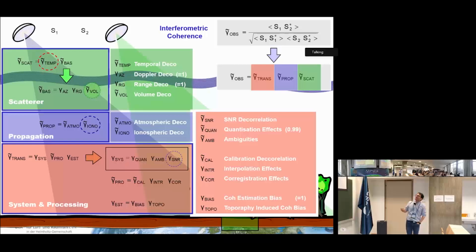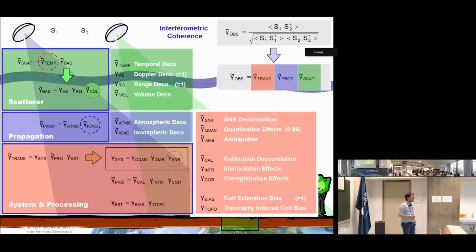But the message of this slide is that in principle, you like to arrive here at the gamma volume. And the gamma volume is hidden here. So before arriving to the green part, you have to compensate for these 2. And compensating for these 2 is relatively easy. This is something that you can control. It's something that you can know with a certain accuracy, and you can control and compensate.